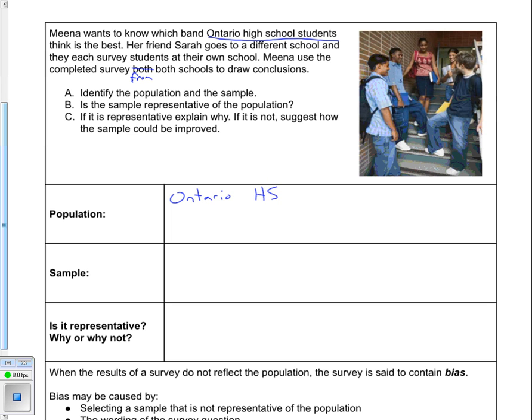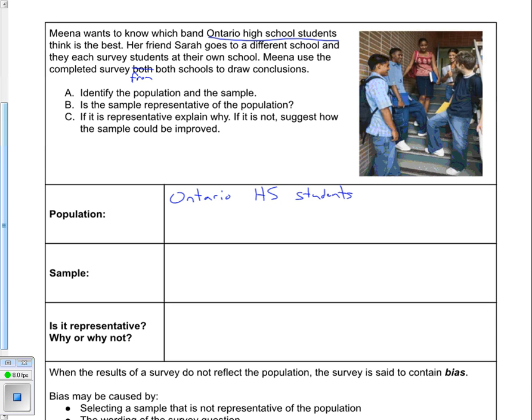Now, it's simply impractical to try and survey every single student in Ontario. It would take way too long and way too much money to actually do that. There's no way that two people could conduct that type of investigation.